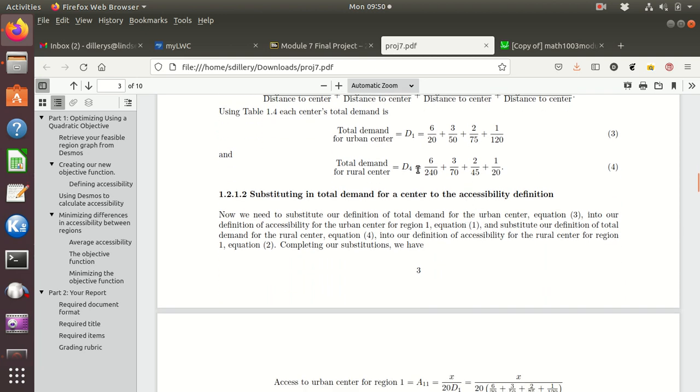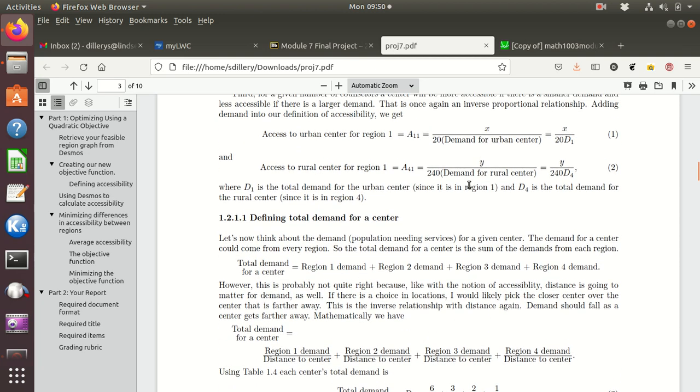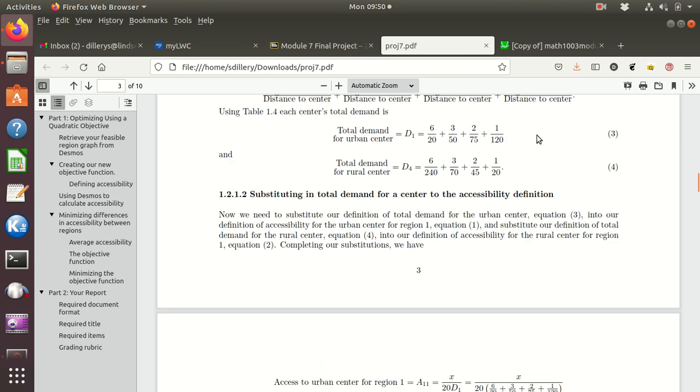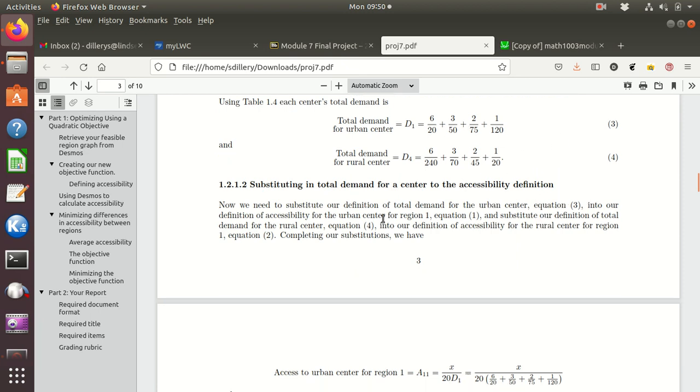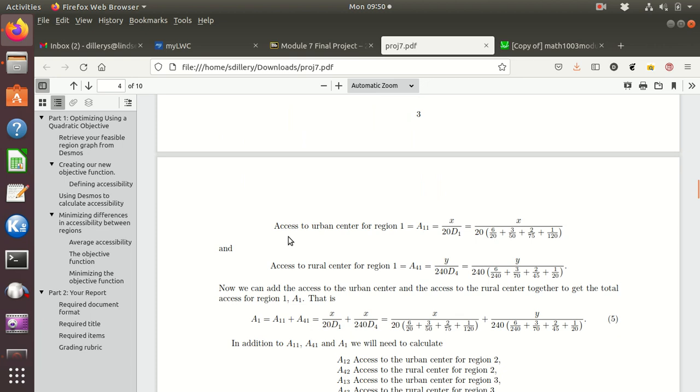And so if we take that D1 and D4 and substitute them into equations 1 and 2, so we're taking equations 3 and 4, substituting them into 1 and 2 respectively. Our access to the urban center for Region 1, this A11, is that X over 20 D1, but then that D1 was that number. And access to the rural center is whatever that turns out to be.